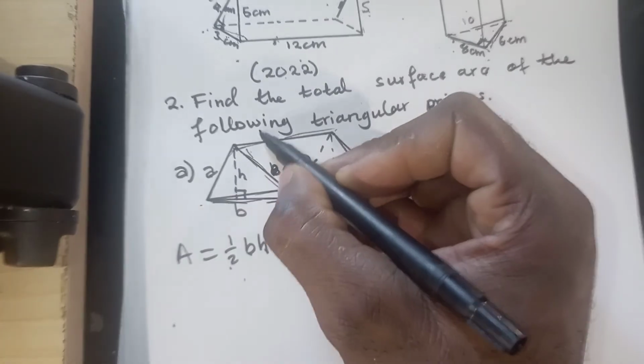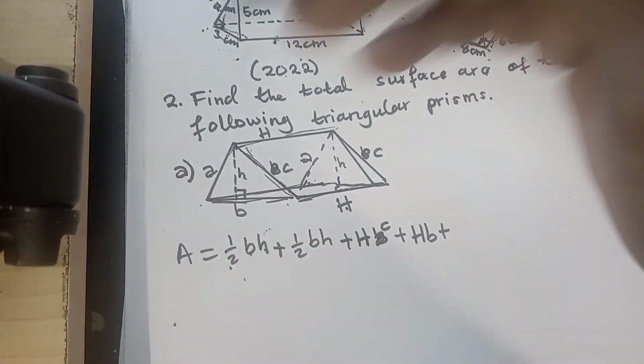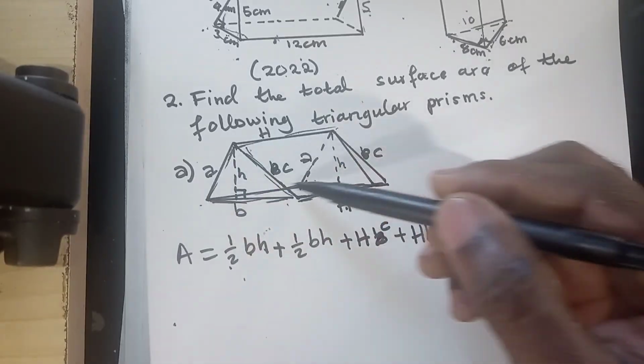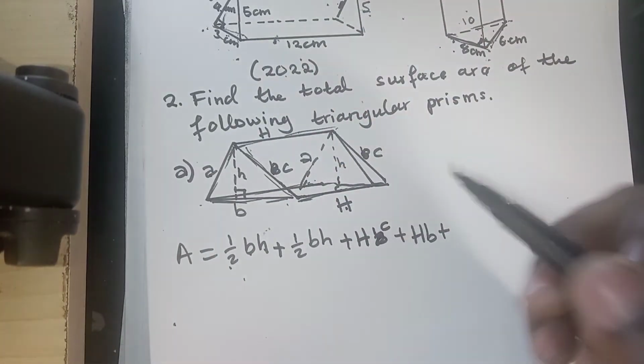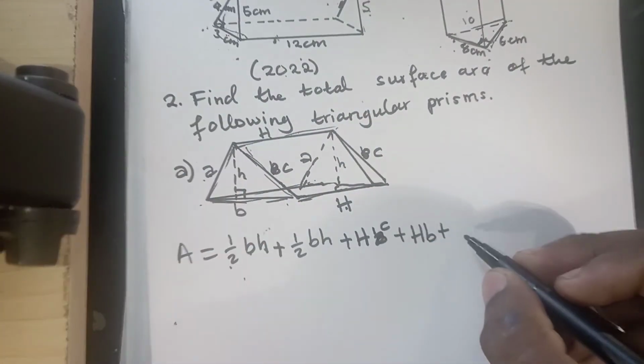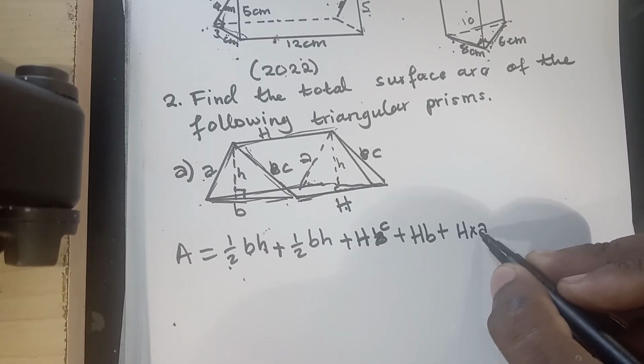Remember, if this is H, then this is also H. So to find the area of the other face on the other side of the line, then you can say h times a, h multiplied by a.